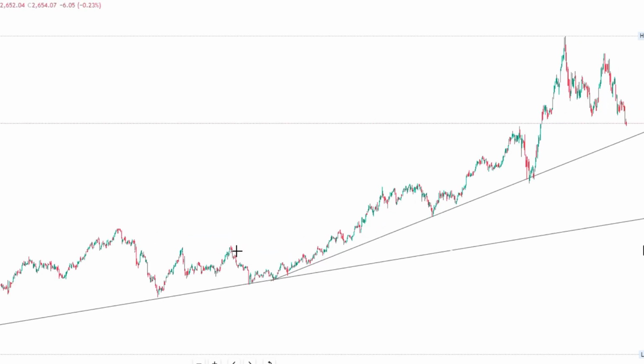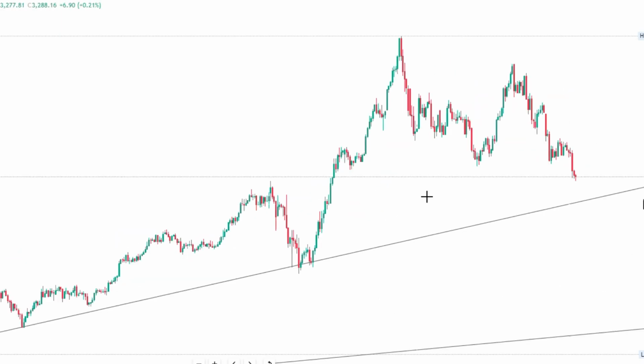Now on the 4-hour time frame, what I'm really seeing is that price is pulling back into potentially my trend line, right? So here becomes a zone of interest to me, the trend line from the daily time frame. But another thing that sparks my interest is this level of resistance that we have right here.